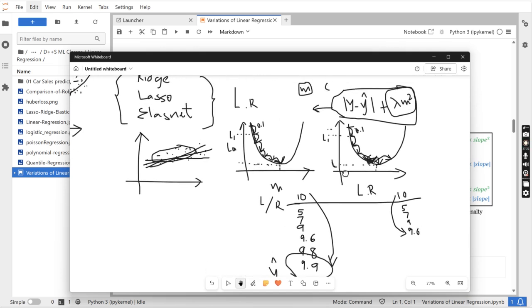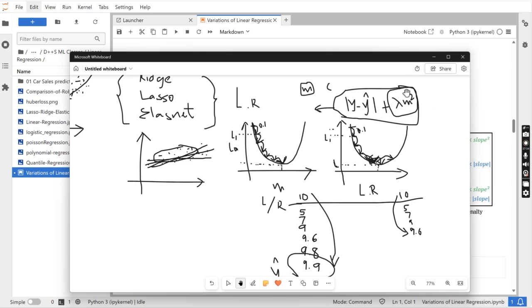Because of this extra penalty term, each time the entire calculation happens, the residuals are calculated. You're saying this is still not satisfactory, still go and calculate again. So more iterations of calculations happen in ridge and lasso because of this extra penalty. Because of those more calculations, your values will reach the best fit line.